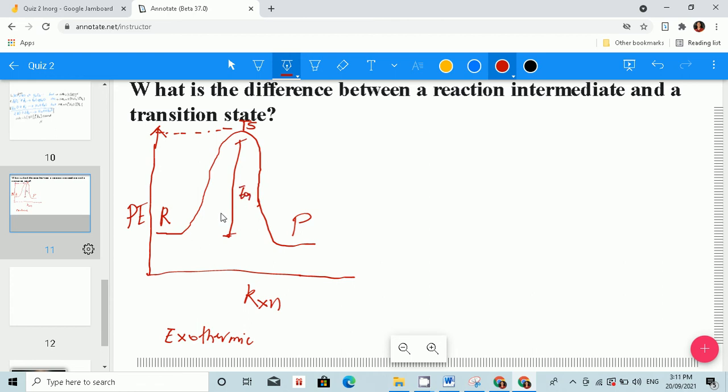So if it's from reactant to the transition state, that is the forward, and here, transition to the product, that is the reverse. So this is our transition state.